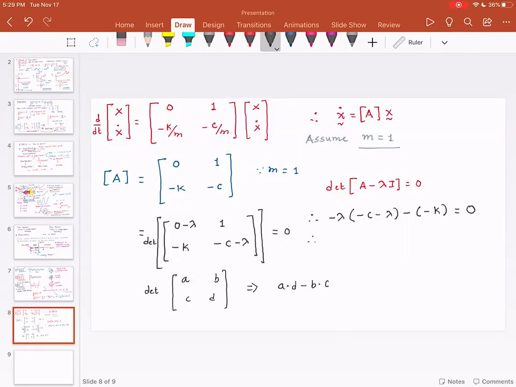So going forward, this equation becomes lambda c plus lambda squared plus k is equal to 0. That gives me the expression lambda squared plus c lambda plus k is equal to 0.